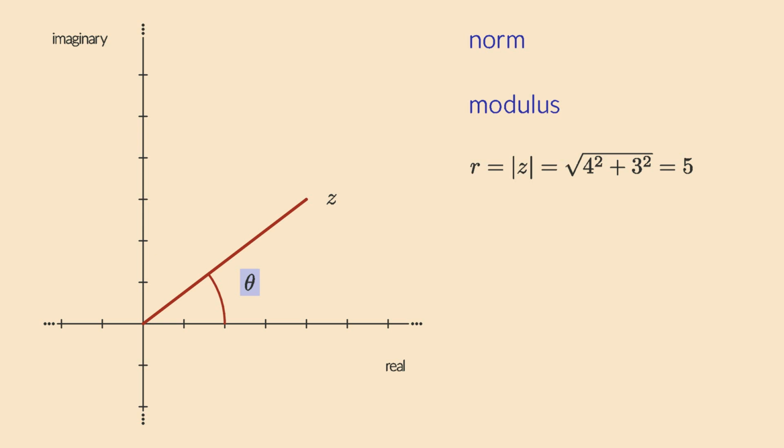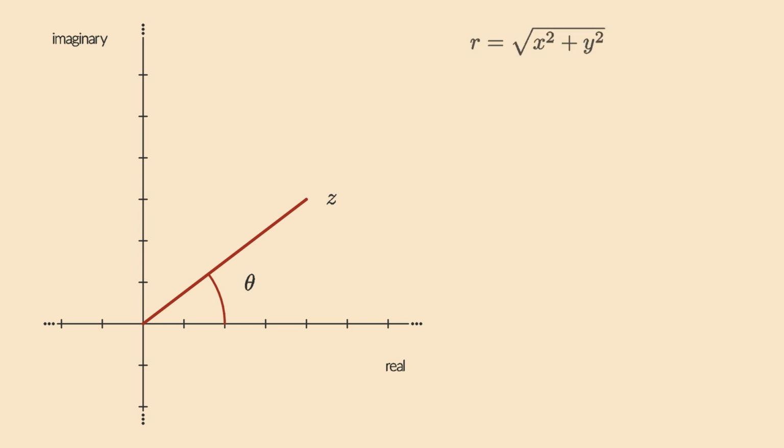It isn't too difficult to go back and forth between polar coordinates and rectangular coordinates. Just use Pythagoras and the definitions of sine and cosine. This allows us to write a complex number as r times the cosine of theta plus i times the sine of theta. The cosine takes care of the horizontal real part. The sine gives us the vertical imaginary part.